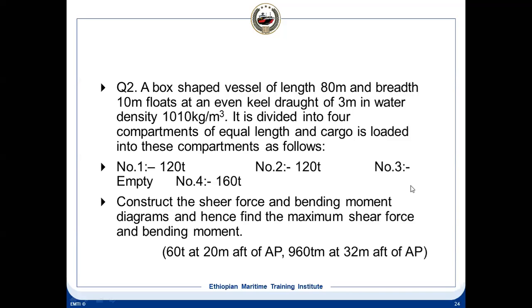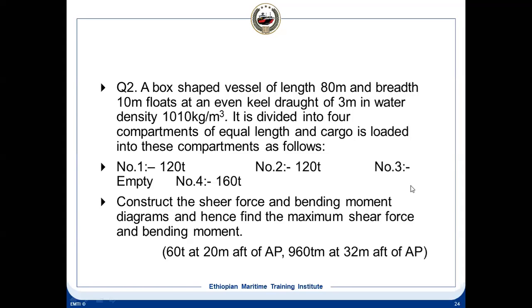I mean both the shear force diagram, bending moment diagram, and their values. All values in both cases are the same. There is no difference. It is not clearly given, but you can interpret it in both ways.